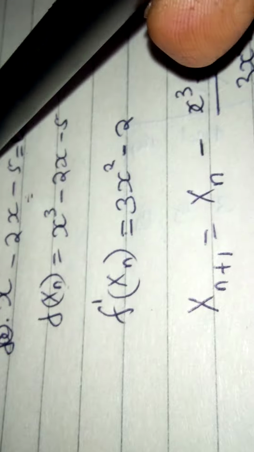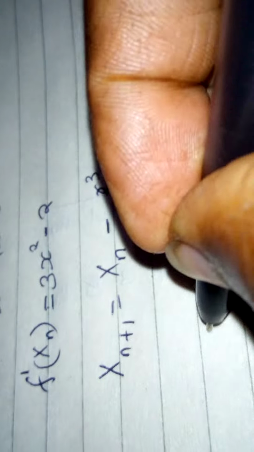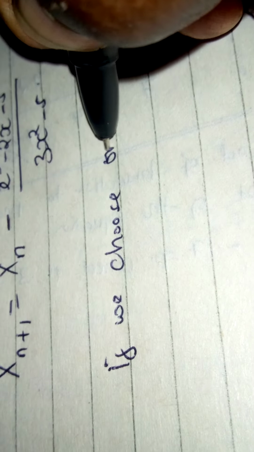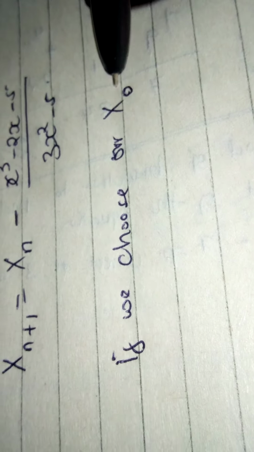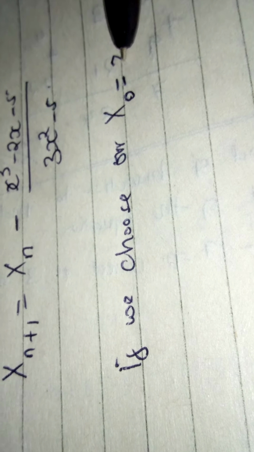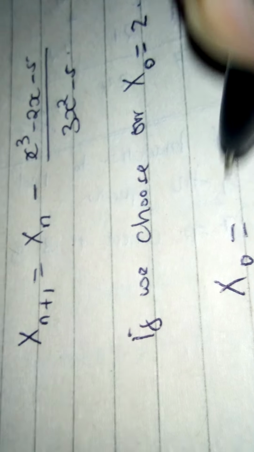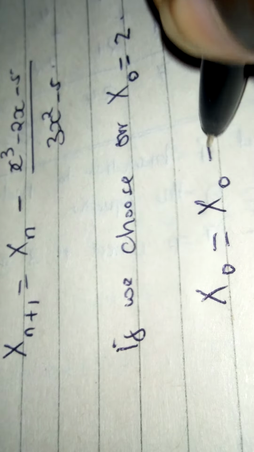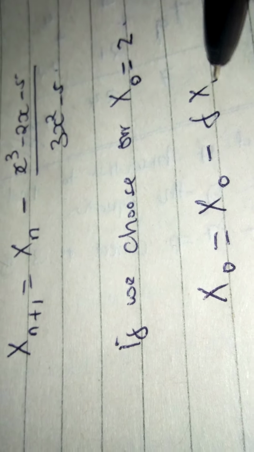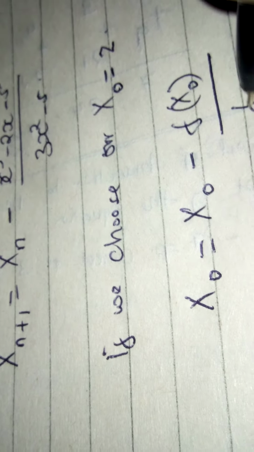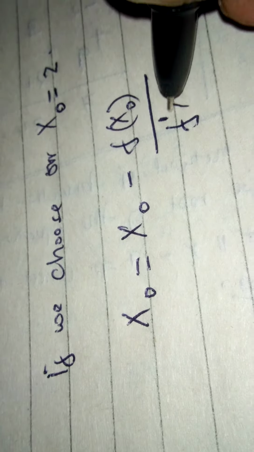So simply our formula will be, if we choose our x naught to be, for example, 2, therefore, our formula will be x1 is equals to x naught minus f of x naught over f prime of x naught.